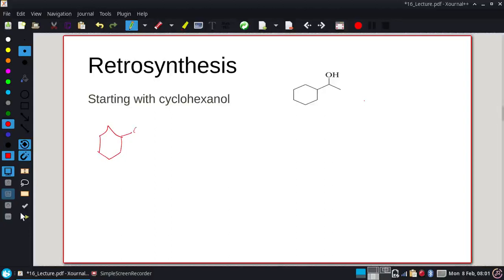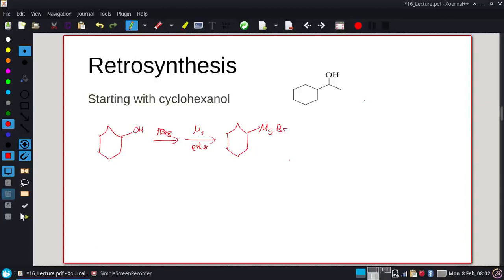We're going to turn this into our Grignard. PBr3 followed by Mg and some ether, and we would have MgBr. And then I'm going to have this in there as our carbonyl.